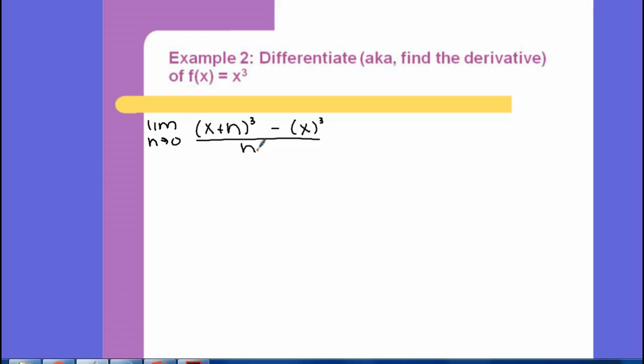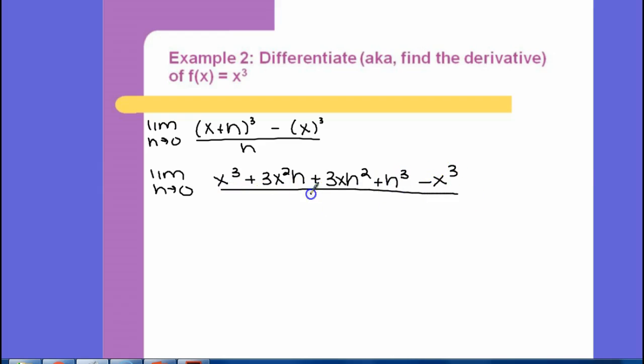I can simply apply Pascal's triangle, which says the x's are going to go down, h's are going to go up, and the coefficients are 1, 3, 3, 1. So it's x cubed plus 3x squared h plus 3xh squared plus h cubed minus x cubed all over h.